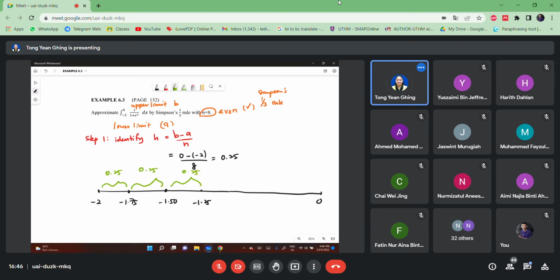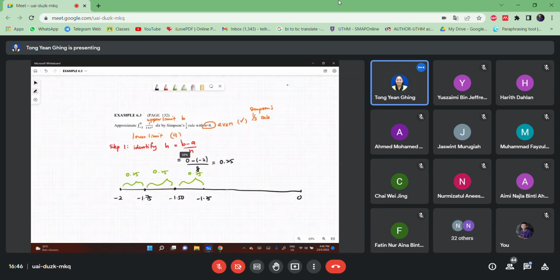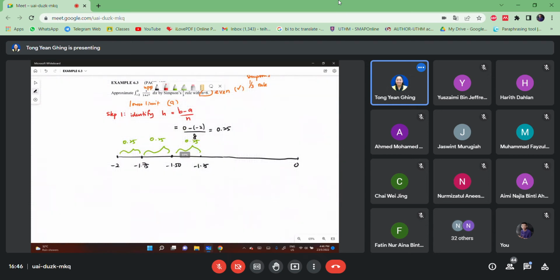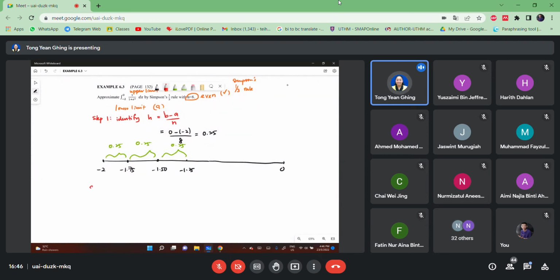Okay, step number 2: once we already have the step size, we have to solve this numerical integration using a table.